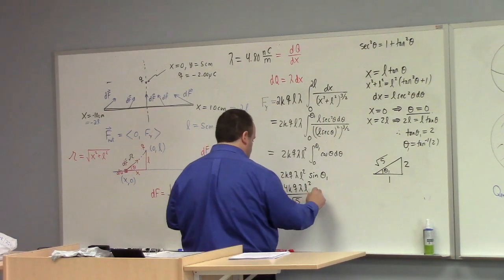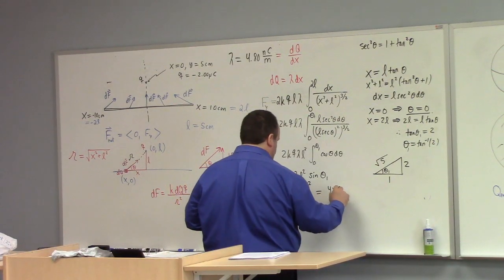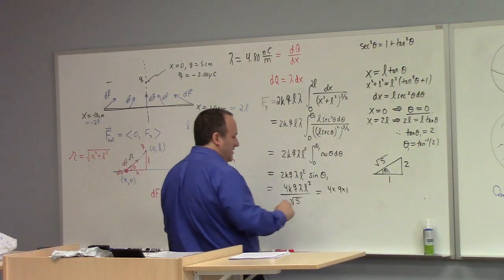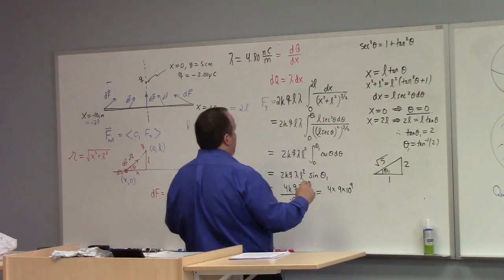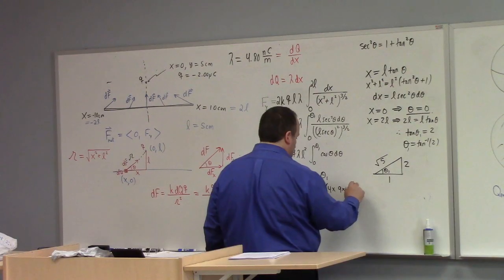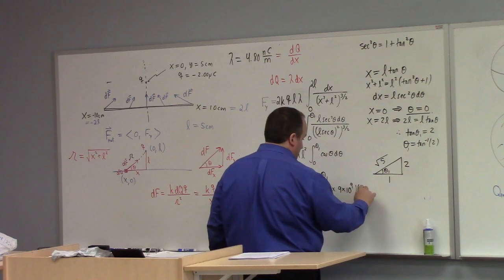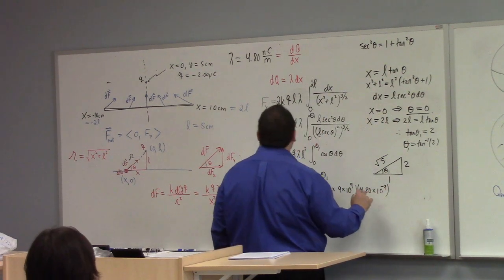So that's 4 times 9 times 10 to the 9th, right? I've forgotten what k is. And then my lambda was 4.80 times 10 to the minus 9th. Oh, those cancel. That's nice.